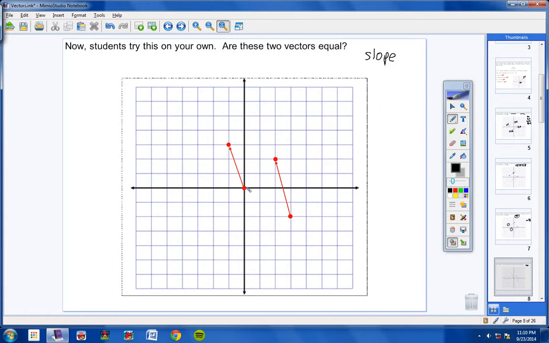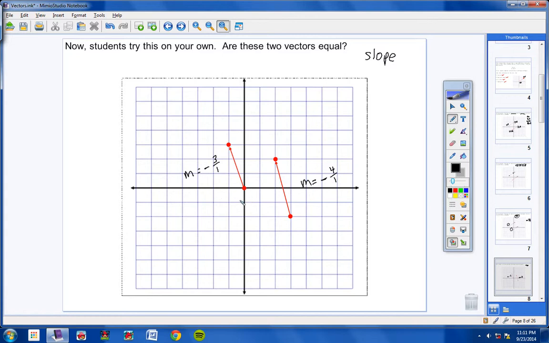But if you take this ordered pair, 0, 0, and this ordered pair, negative 1, positive 3, and use y minus y over x minus x, you're going to get a slope of negative 3 over 1, or negative 3 would be fine. However, if you find the slope of this line over here, you're going to get negative 4 over 1. So right away, they don't have the same slope.